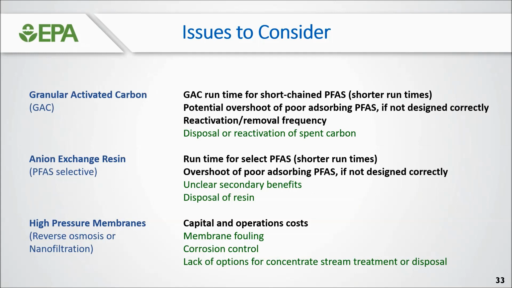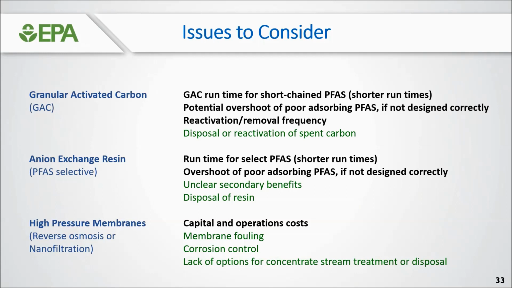For high pressure membranes, it has very high capital and operating costs. However, membrane fouling, particularly for surface waters, is an issue. Corrosion control needs to be addressed at the plant. If you're using a point of use filter, it's not so much an issue because it can be handled within the unit itself.